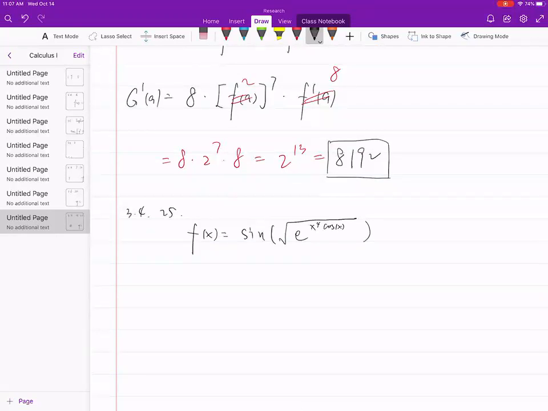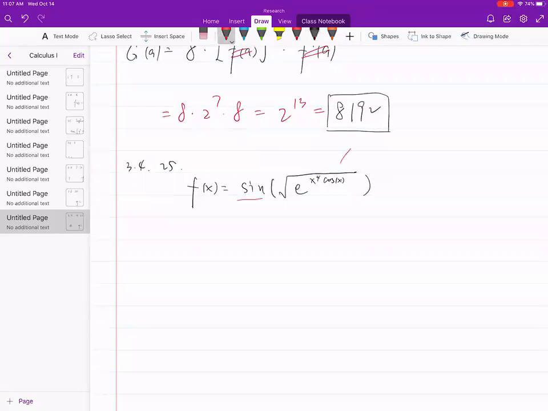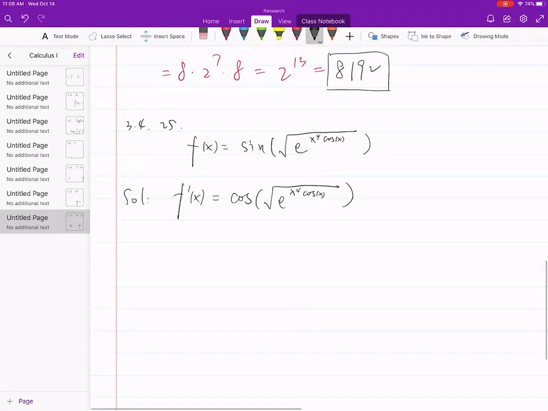Okay, it's still a matter of order. I would say I will handle sine first, square root second, e to the exponential third, and whatever on the exponents, that will be the fourth. With that in mind, first cosine. Okay. Second, square root. Third, exponential.